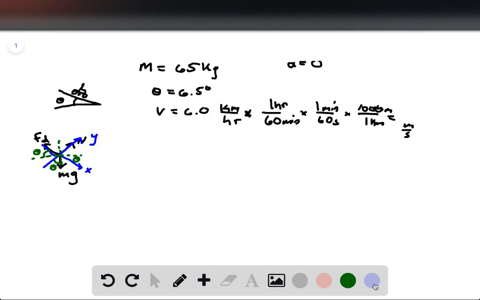So we can just redraw this. Now x is pointed in the direction she's going down the hill. Just rotating that picture. This is angle theta.